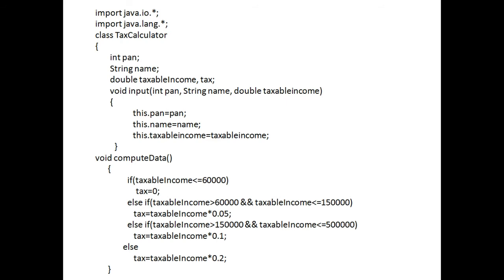In the same way, for 1,50,000 to 5 lakh the rate is 10%, so tax is equal to taxable income into 0.1. And the last is the else part, above 5 lakhs, the tax was 20%, so we wrote taxable income into 0.2.